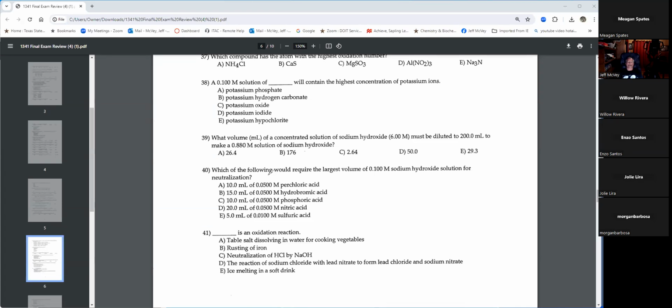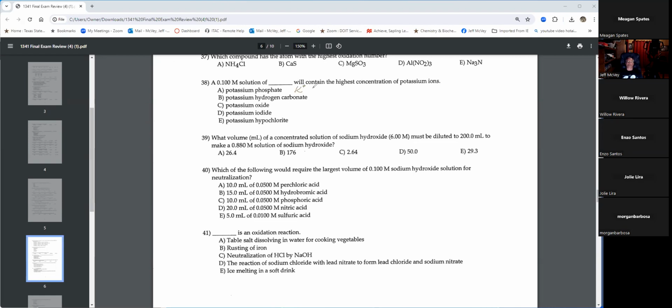38. Thank you. A 0.1 molar solution of blank will contain the highest concentration of potassium ions. This is a naming problem, guys. This is about knowing the name or the formula for all of these. So, here's potassium.